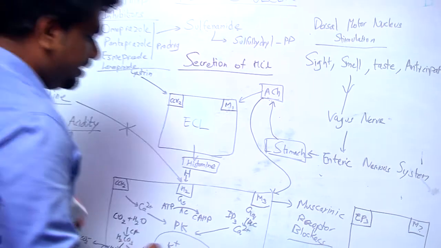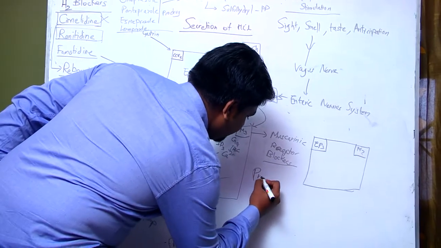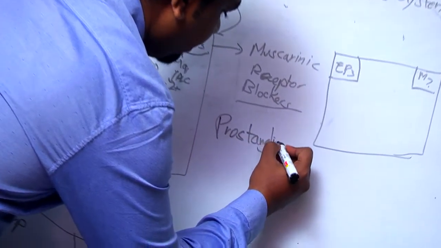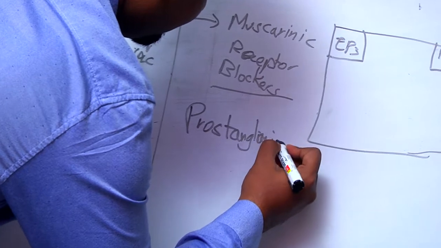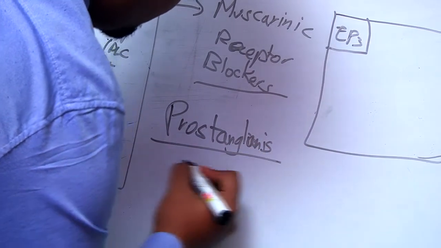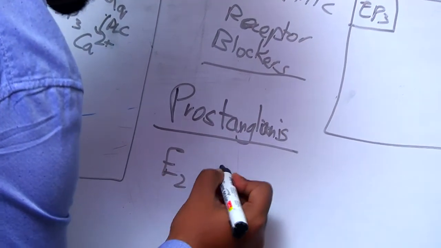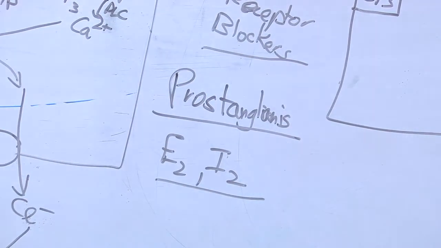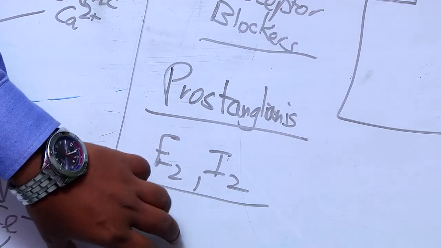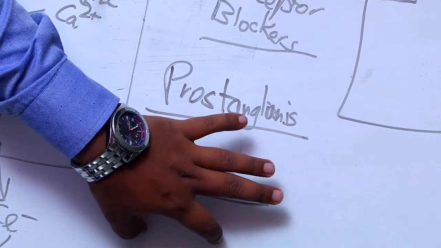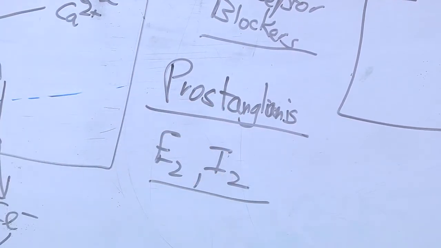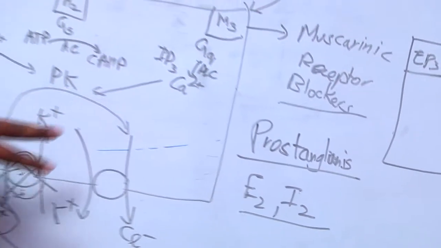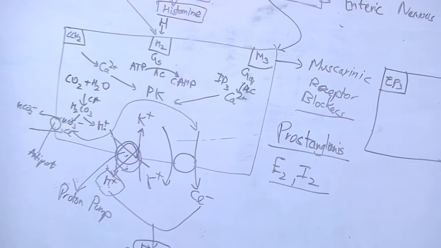So prostaglandins, they form a very, very important role in the protection of the stomach. So these prostaglandins, mainly E2 and I2, what is their function? Their main function is to help in the secretion of mucus and also prevent the action of cyclic AMP. So these are the two important functions of the prostaglandin.